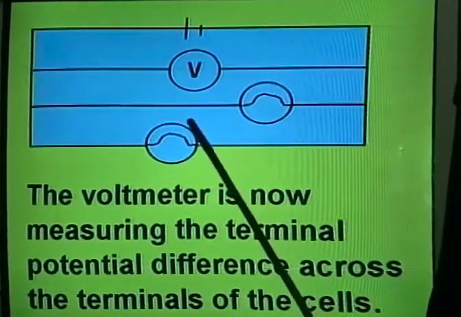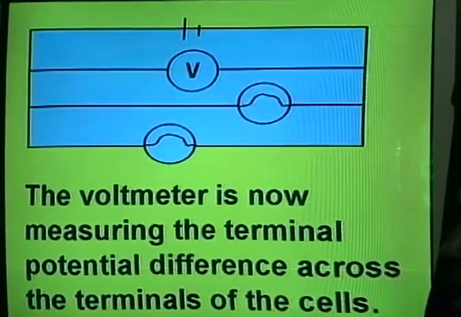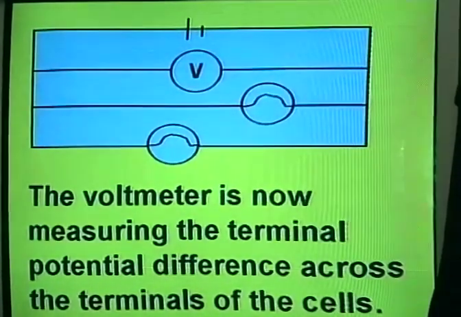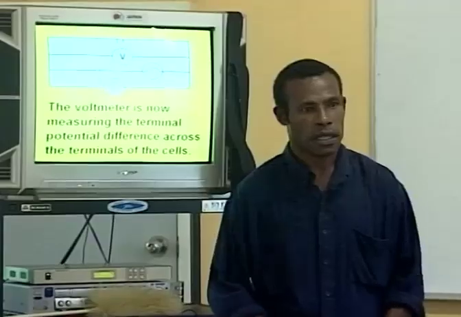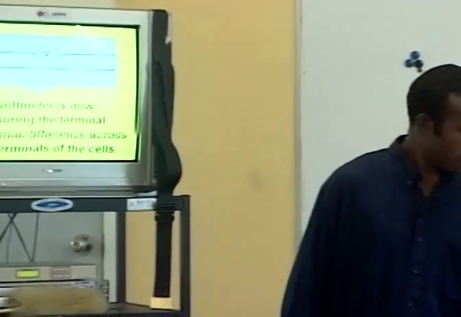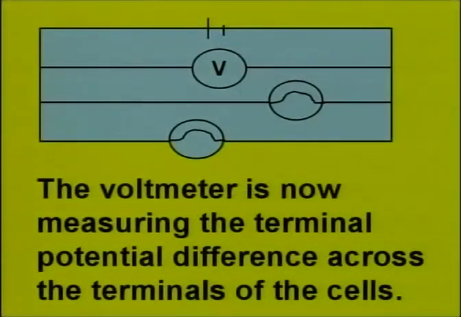So when the voltmeter starts measuring, we can say that that is the potential difference. But before it starts measuring that, it is the electromotive force. All right, so just get the diagram of that.